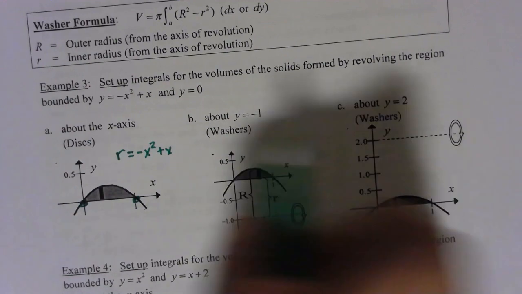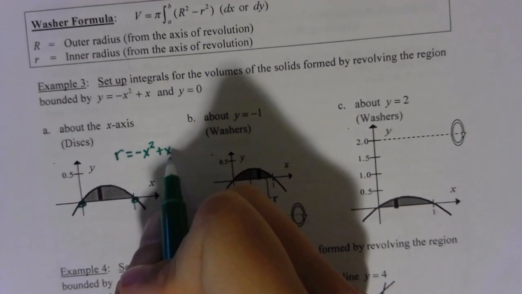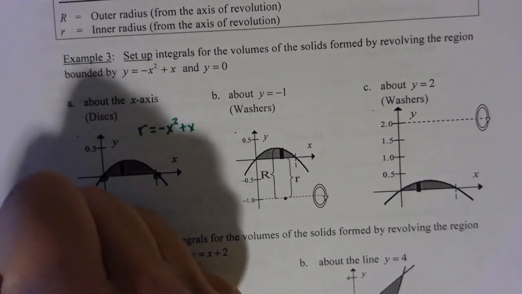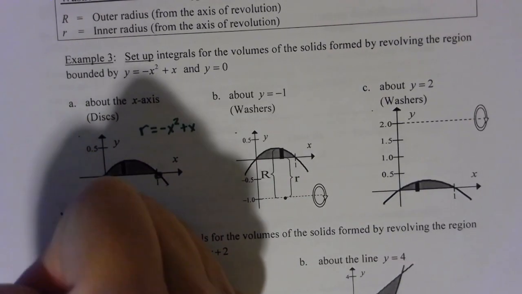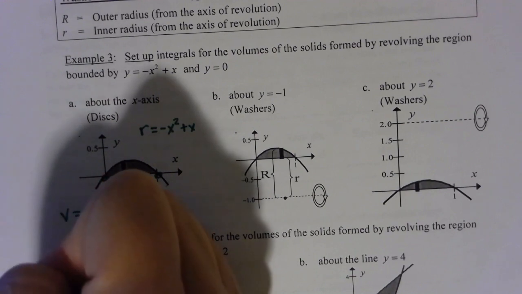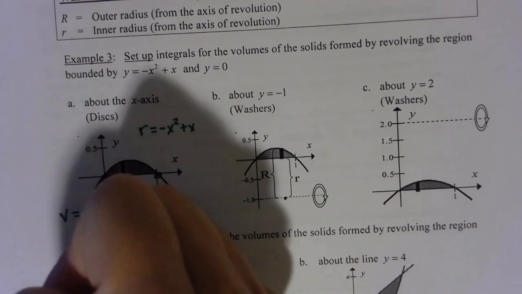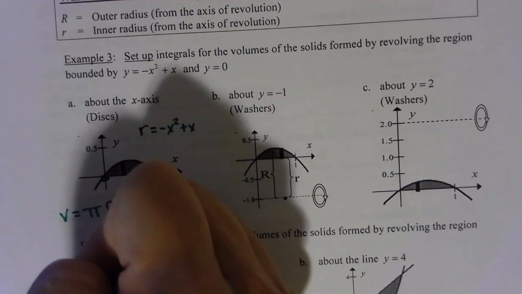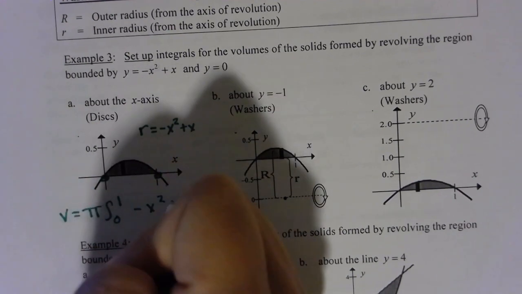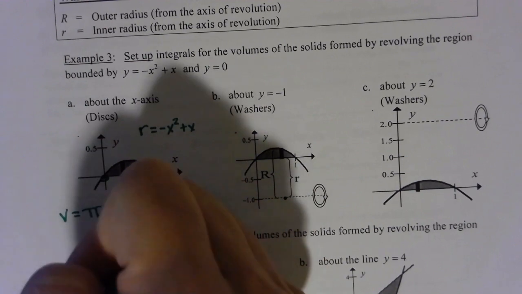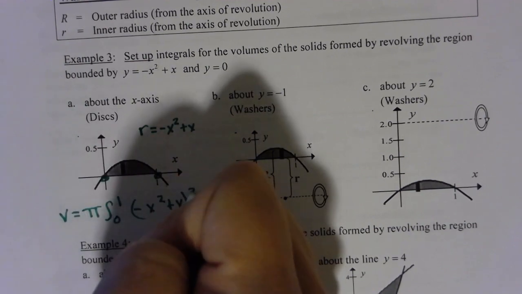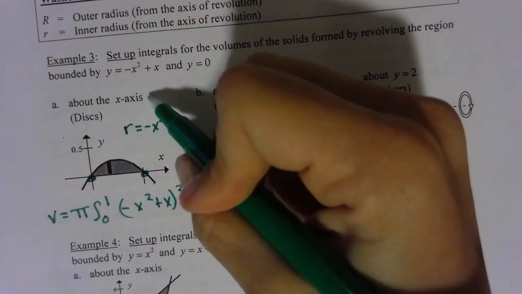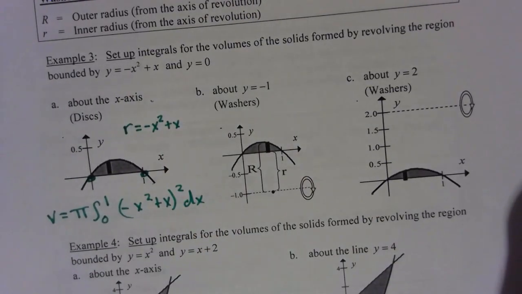But if you had to, all you would have to do is set this equal to 0 and solve. So our volume for A is pi, the integral from 0 to 1 of negative x squared plus x, squared dx, because we're revolving around the x-axis. And we're done.